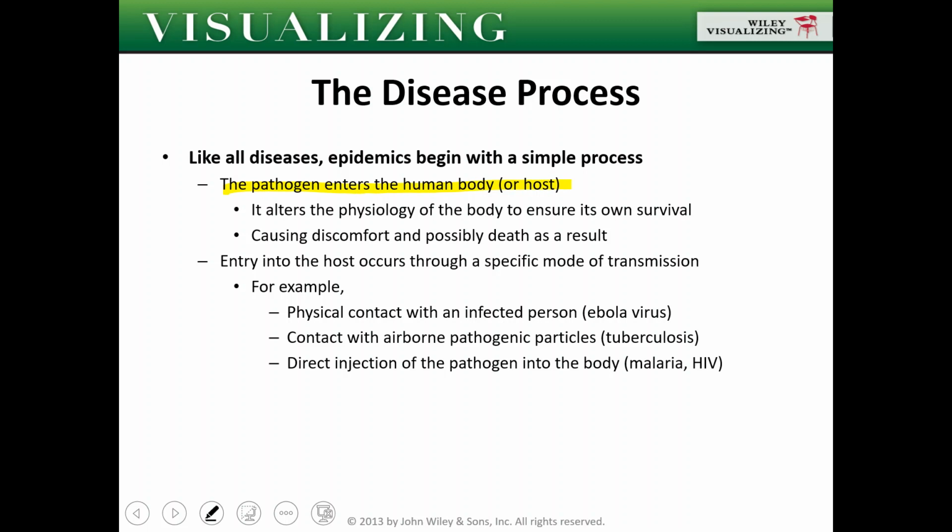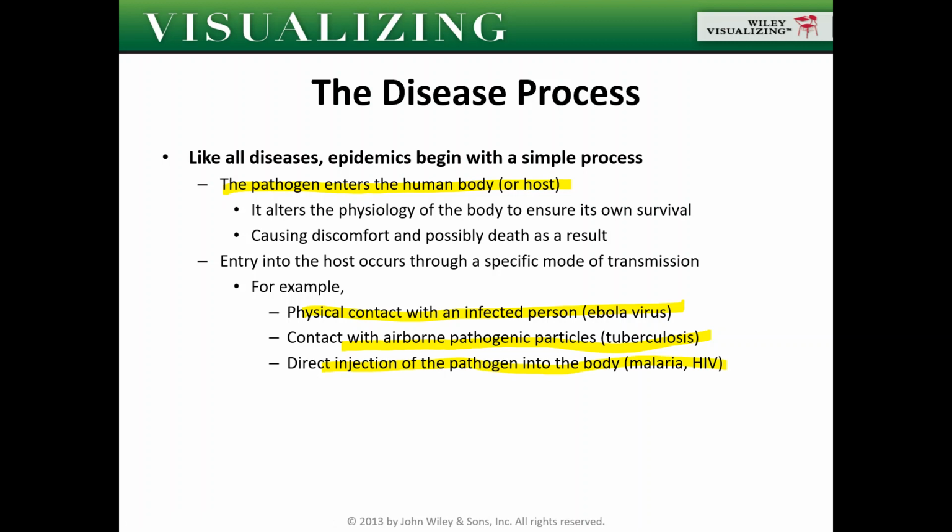So the route of transmission can be different for different infections. It can be physical contact, like in the case of Ebola virus. It can be inhalation of airborne particles, tuberculosis or coronavirus, or a direct injection of the pathogen into the body.